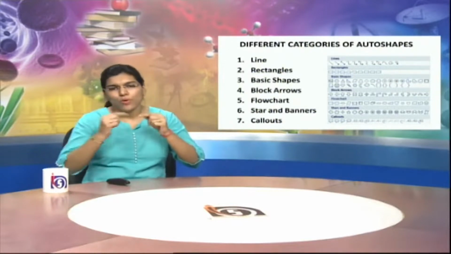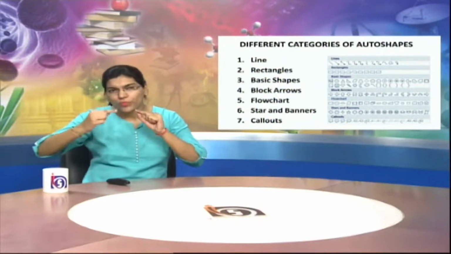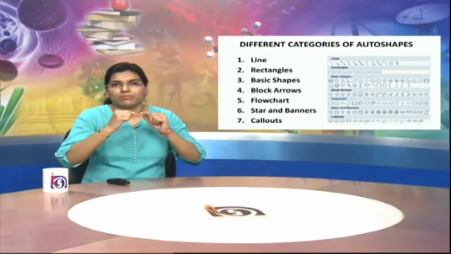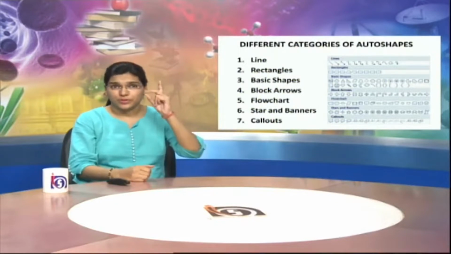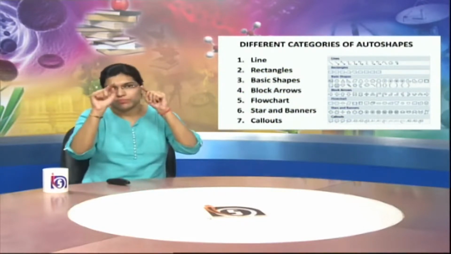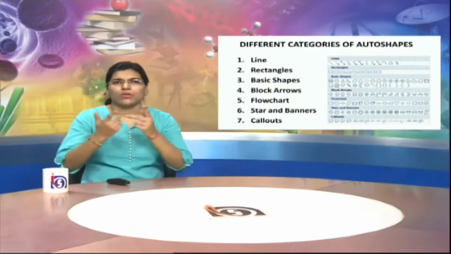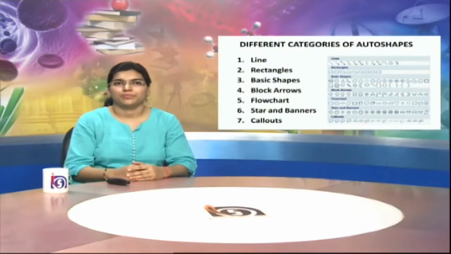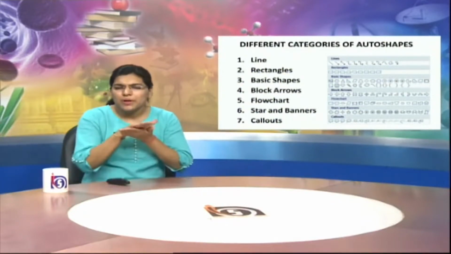Line has one arrow, or it is just a plain line. It is not unidirectional. Then the second word is rectangle. Rectangles are also of different kinds. You can see on the screen among that name.